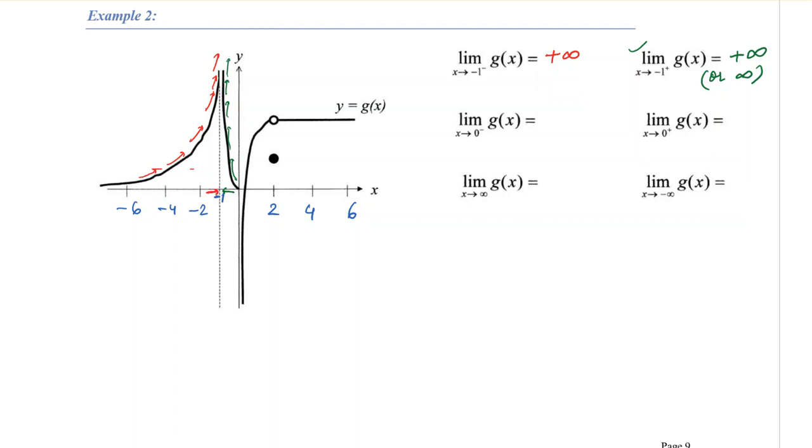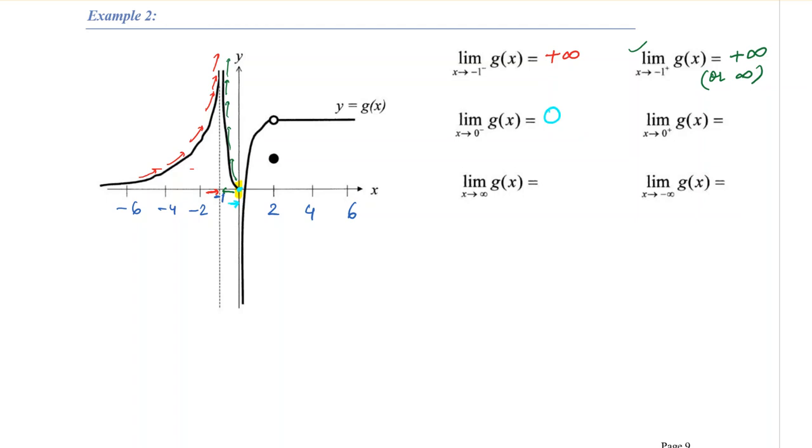When x approaches 0, here is our 0. When x approaches 0 from the negative side, from the left, we are looking at this part, and again we can notice that y is approaching 0, so the value of y is just 0.